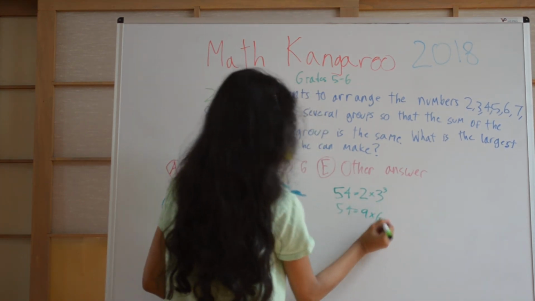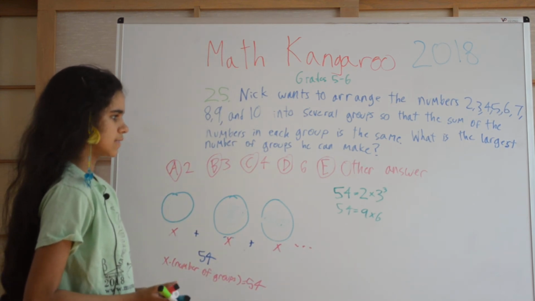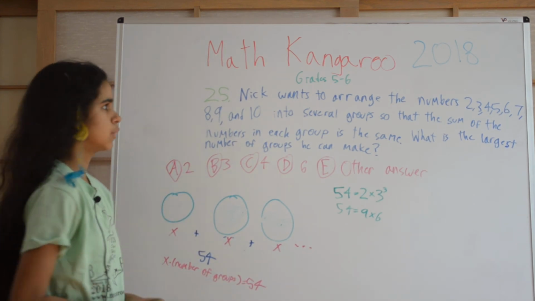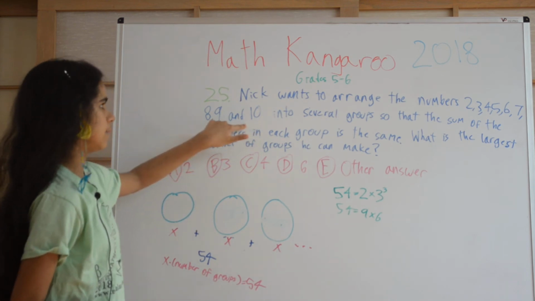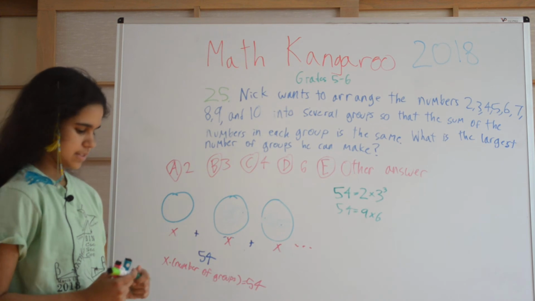But if we have 9 groups of 6 or even 6 groups of 9, that won't work because we need something bigger than 10. We need something bigger than 10.